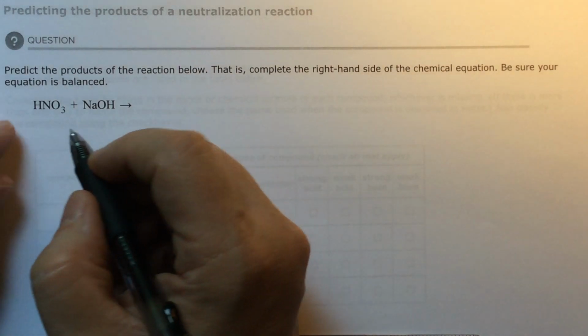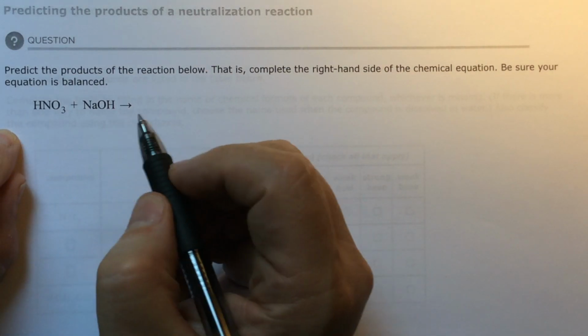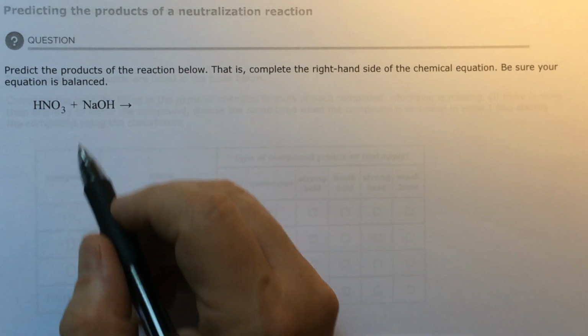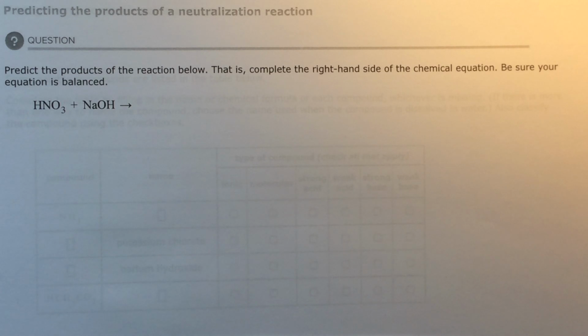Okay, so I've got an acid here. Beside it, I've got a base, and this happens to be a strong base. Now there are 6 strong acids, and strong acids means completely breaks apart in water. There are also a number of strong bases, a little more than 6.